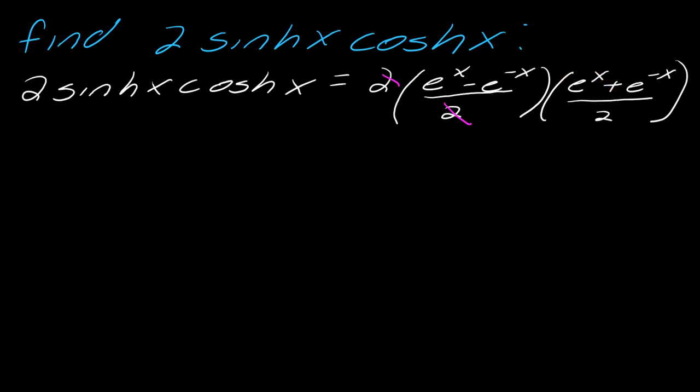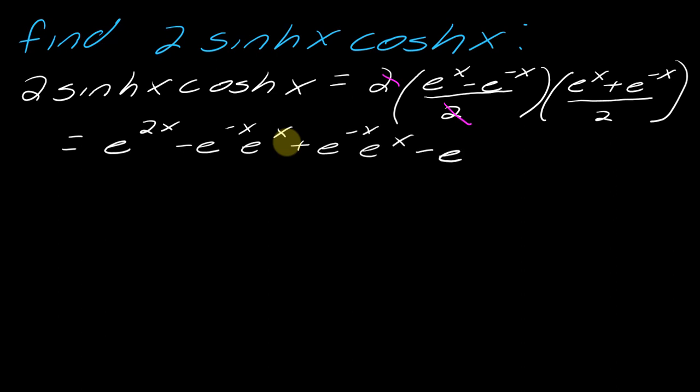If we work all of this out, we get e to the 2x minus e to the negative x times e to the x, plus e to the negative x times e to the x, and then minus e to the negative 2x. So that's the top, and then we still have that other 2 left over.